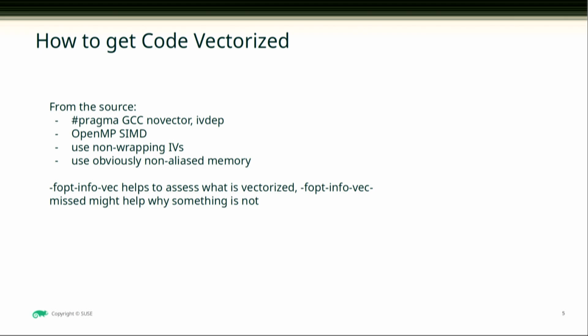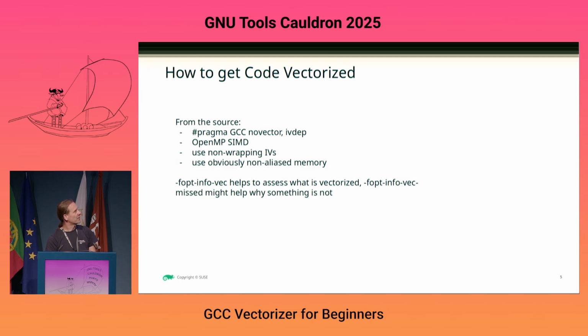So the use non-wrapping IVs, it says you should always use signed integers for your loops, right? Unsigned integers wrap, right? And that's a problem. Or are there other problems that cause wrapping IVs? Yeah, so the third point is use induction variables that are obviously not wrapping.